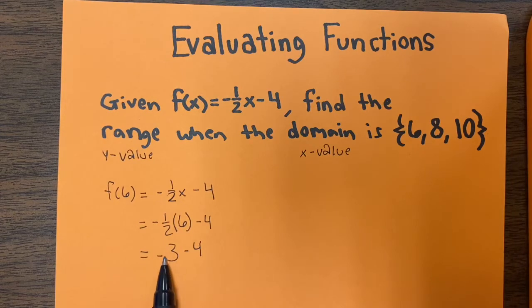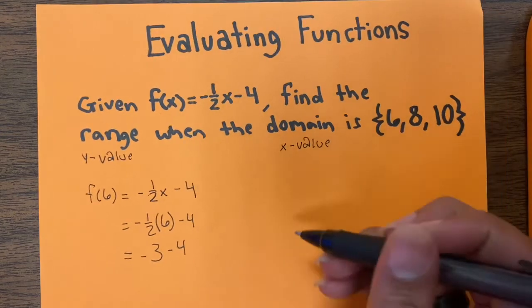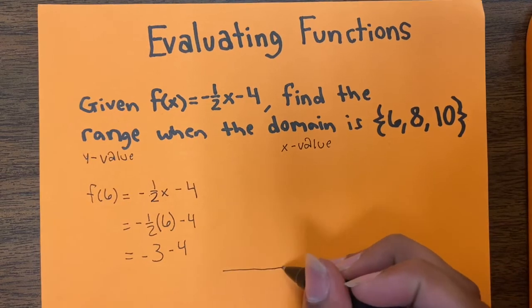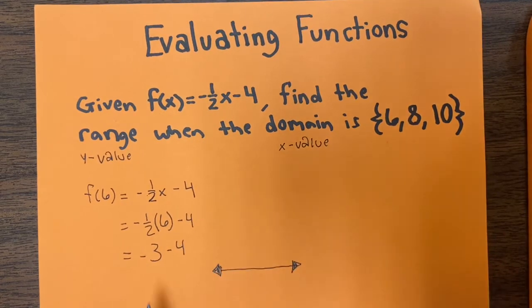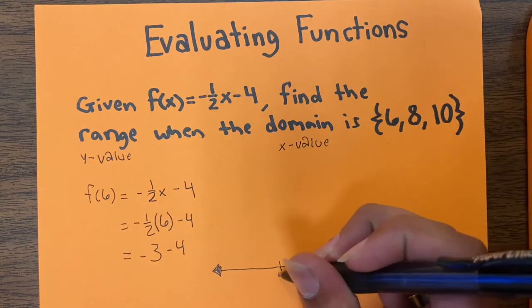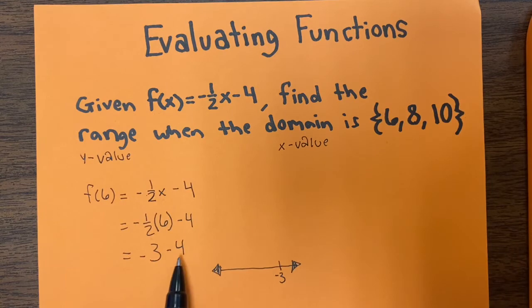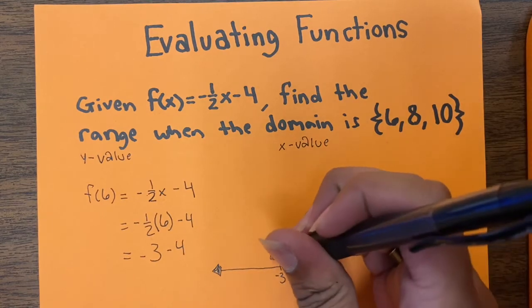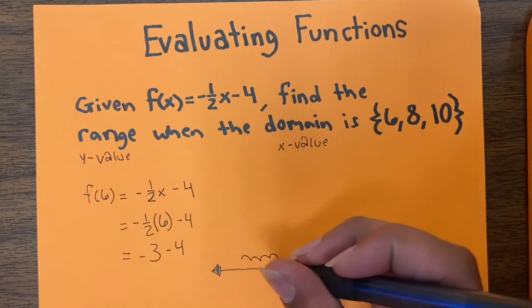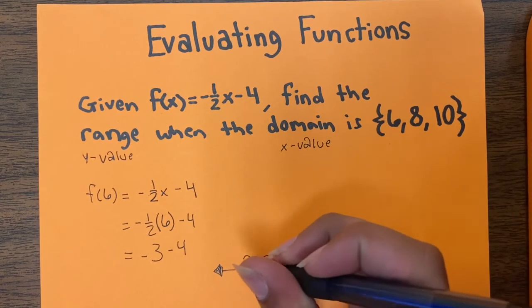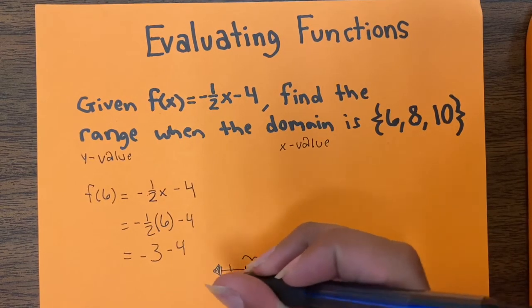So -3 minus 4. Some people get confused a little bit when it comes time to add and subtract negative numbers. So let's say you're at -3. If I'm subtracting 4, that means I'm going to keep going in this direction. And remember that as we go left, the number looks bigger, but it's actually a smaller number.